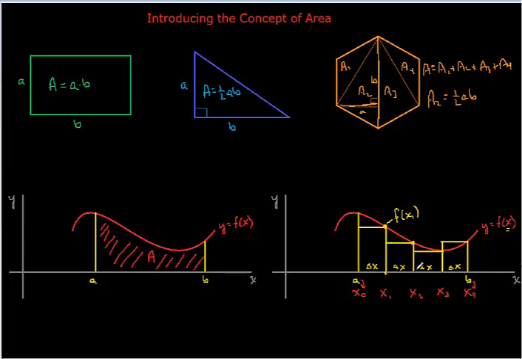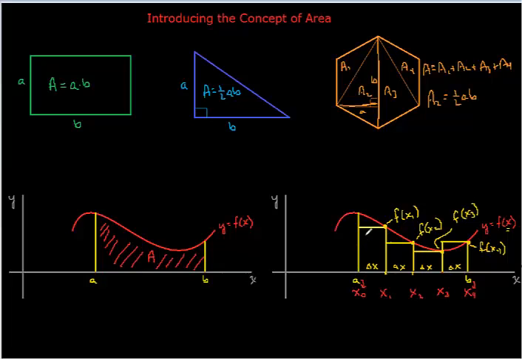The height at this point, if I plug in x2, the height is f of x2. The height of this rectangle is going to be f of x3, and the height of this rectangle is f of x4.